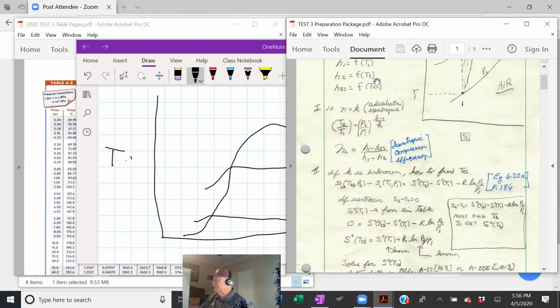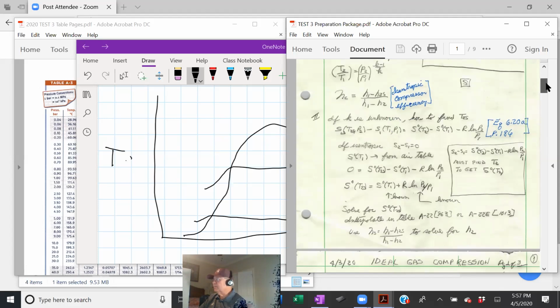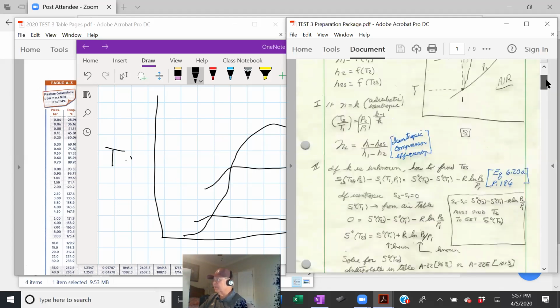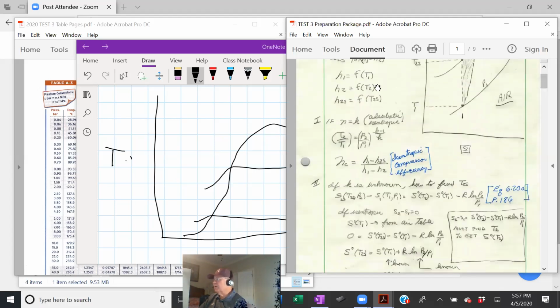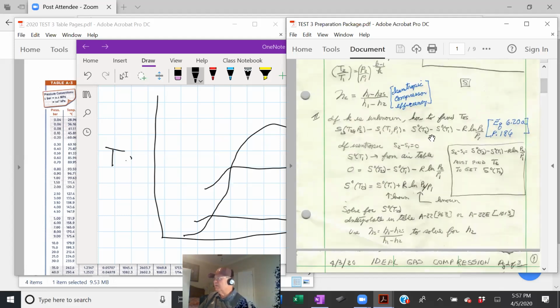Enthalpy and internal energy, as far as we're concerned, are a function of temperature only. However, entropy is a function of both temperature and some other things, either specific volume or pressure. Since we're generally given pressure, here's the way the formula reads.